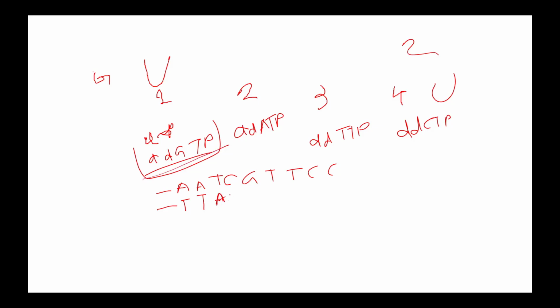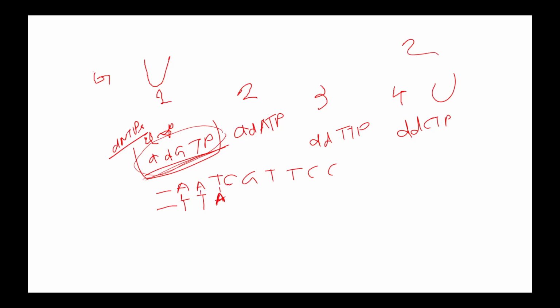So this will be a random integration of this dideoxy nucleotide, because dNTPs are provided in abundance, but this one in a very small concentration. So all the other nucleotides will go and do the hydrogen bonding with the complementary bases.